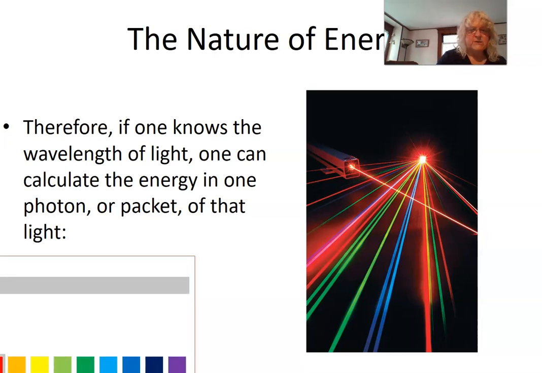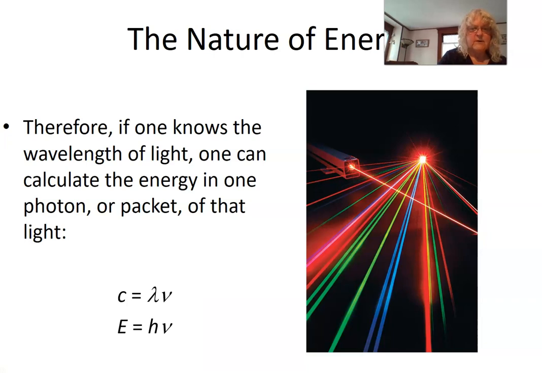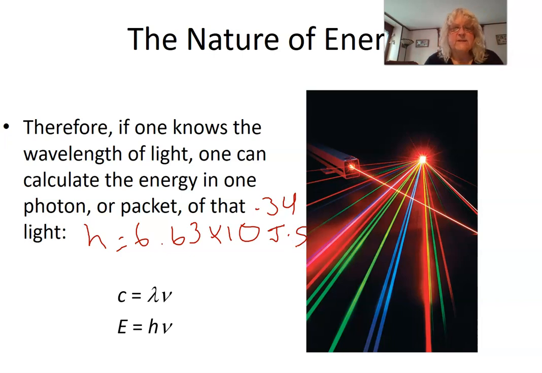So h is what we call Planck's constant. h has a value of 6.63 times 10 to the minus 34, and its units are joule seconds. All right. So if I know the wavelength of light, I can calculate its frequency using the top equation. And if I know the frequency, I can calculate the energy that's associated with that particular frequency of light.